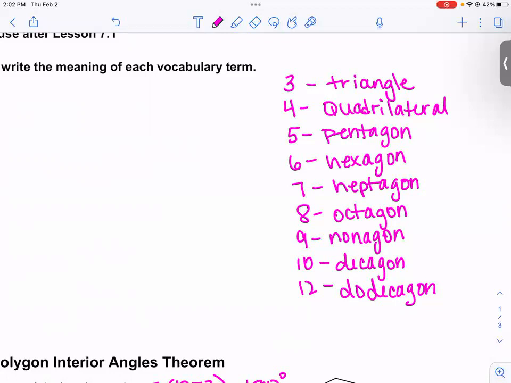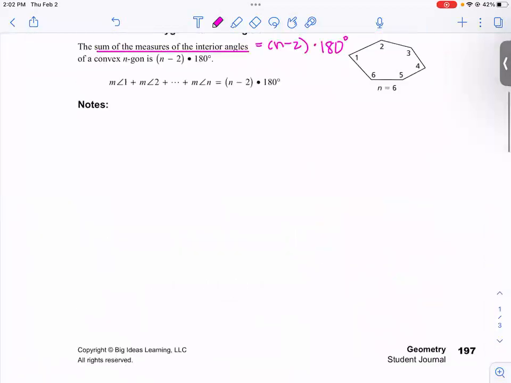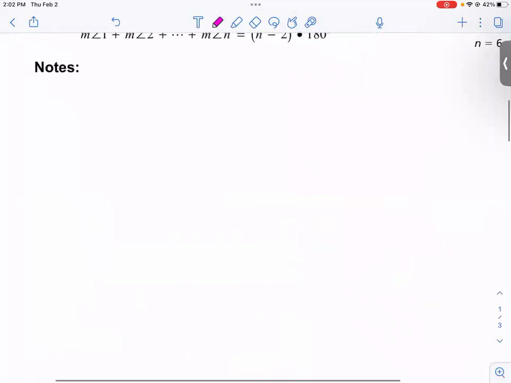It sounds like everyone's done writing these down, so let's come down here. Bryce, pick a polygon. Pick a cooler polygon. Okay, a dodecagon.